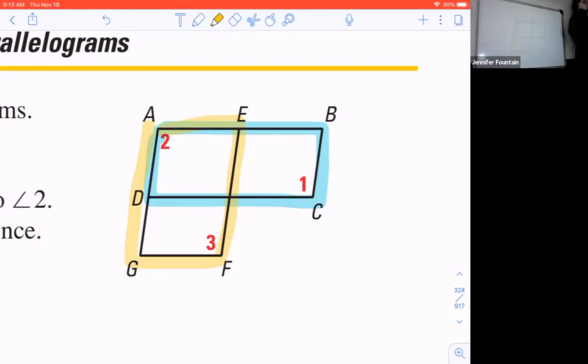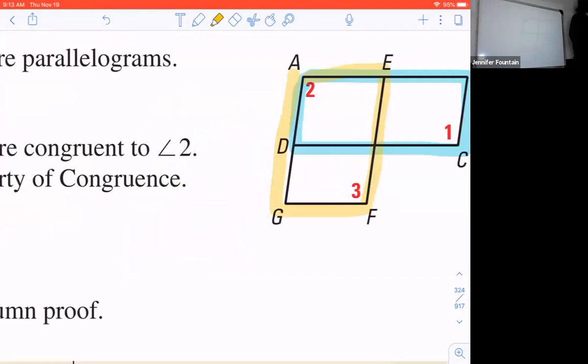Therefore, I know that all those 4 rules that we talked about a moment ago, opposite sides are congruent, opposite angles are congruent, diagonals bisect each other, and consecutive sides are supplementary. Those 4 things that we just learned earlier about all quadrilaterals are true to each of these. Okay?